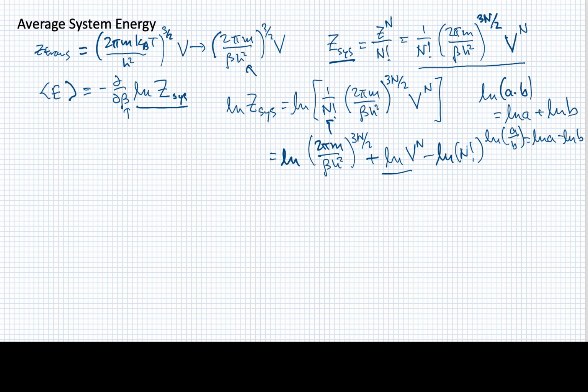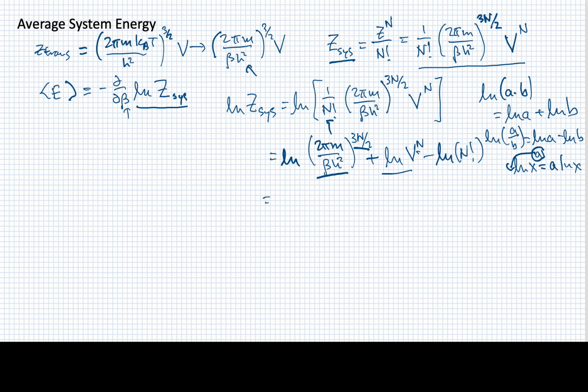Now for this one and this one, I can also use a property of logs that says that if I have log of x to the a, that's just equal to a times log of x. So I can bring the exponent down in front, and I can do that here with this exponent and with this exponent.